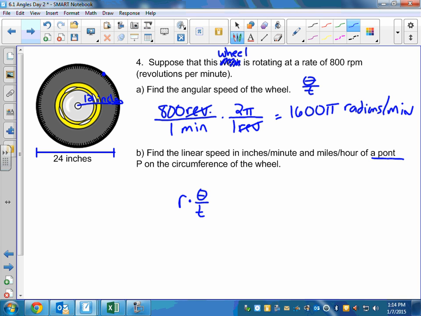With me on that? So my radius is 12 inches, and I'm going to leave my theta over time as the answer I just found up here. We already changed revolutions per minute to radians per minute, so I'm just going to say 1600 pi per 1 minute.